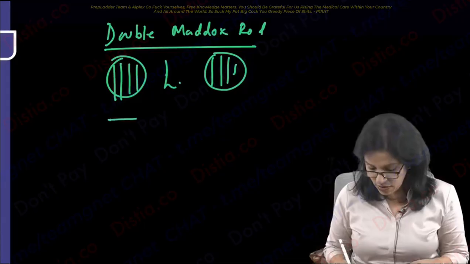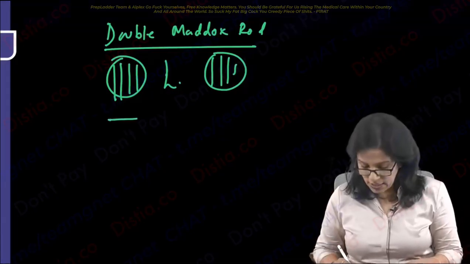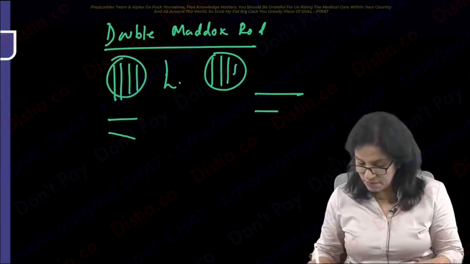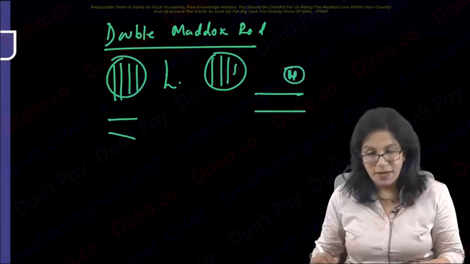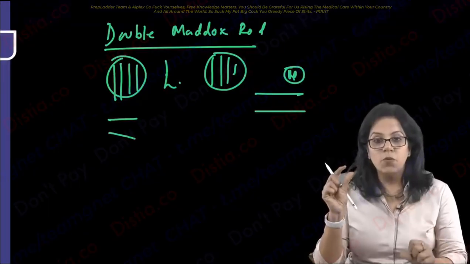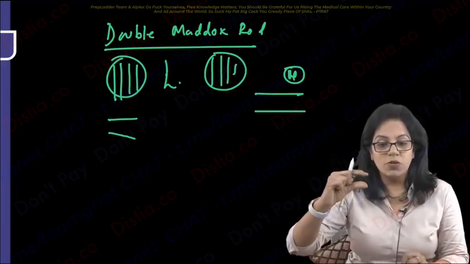If I put the Maddox rod vertically in both eyes, the patient sees horizontal lines, isn't it? Now, what will happen if there is a torsion? Ideally both the lines should be seen parallel. This is normal. But if one is tilted like this, now you will move the corrective lens and see the amount of correction.